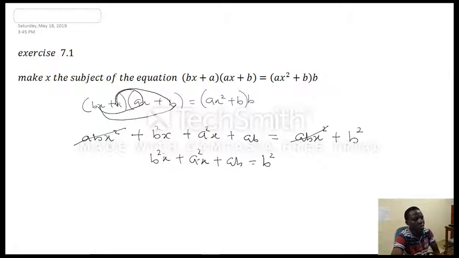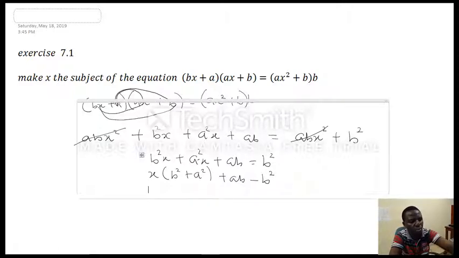So what I'm going to do is to factorize out x, since we have to make x the subject of the formula. So we are going to have x into bracket b squared plus a squared, then plus ab minus b squared.